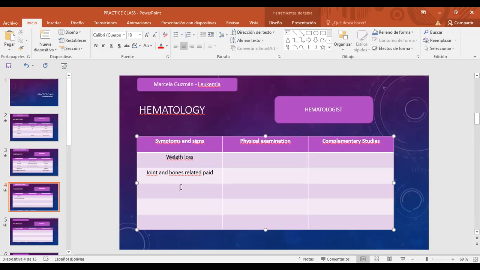Maybe one of the most important symptoms: this person will bleed easily. Great, bleeding. Gum bleeding, nose bleeding. I already told you I was a resident of this specialty.